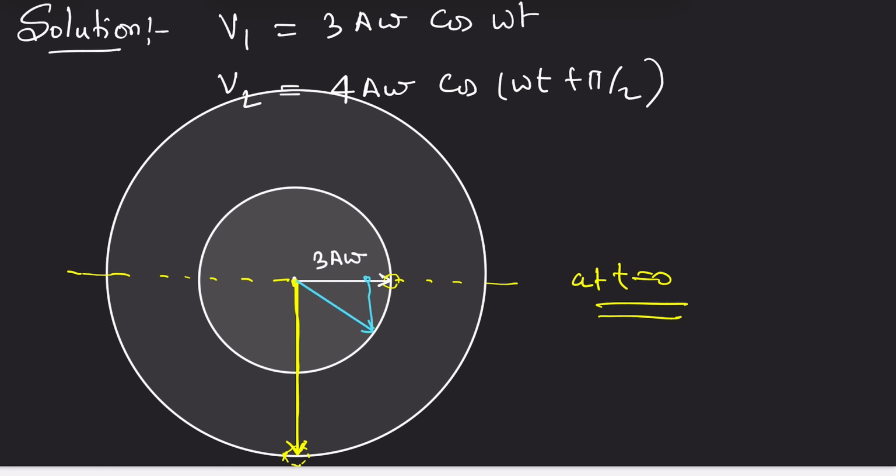Let's say at the same very moment the other has moved to here, and this will be your velocity. This is some positive velocity, some negative velocity. So if I want to find the relative speed, I have to add this and this. So this will be your v relative.